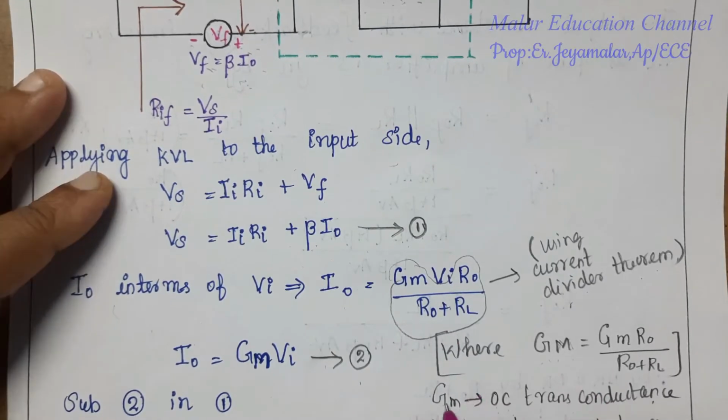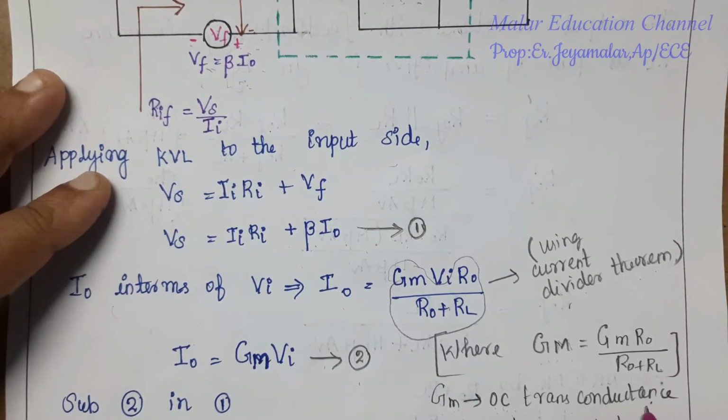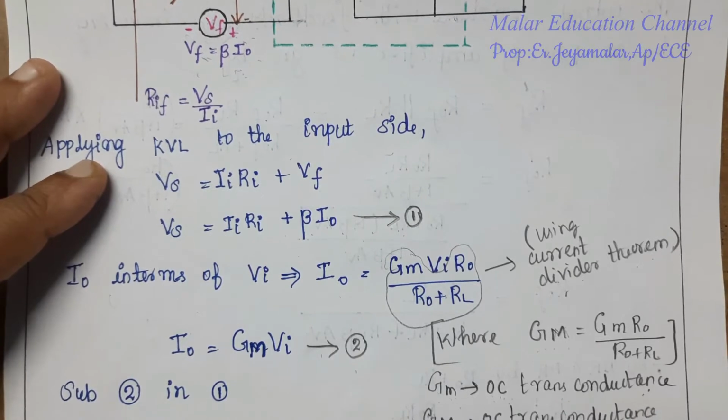See the difference between capital M and small m. Small gm means open circuit transconductance, without RL. Capital Gm is the transconductance taking RL into account, with RL. That's the difference between small m and capital M.